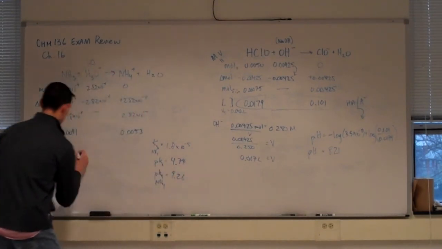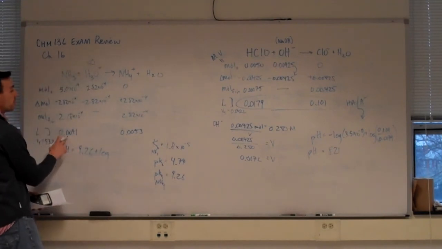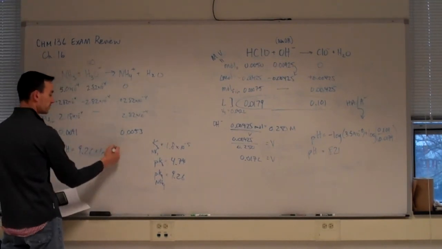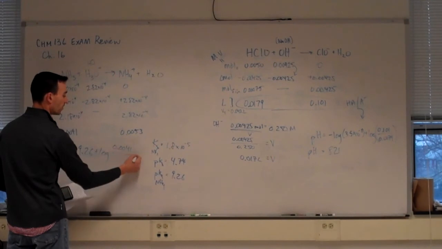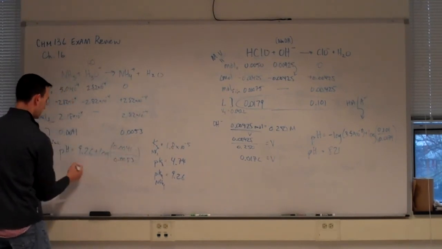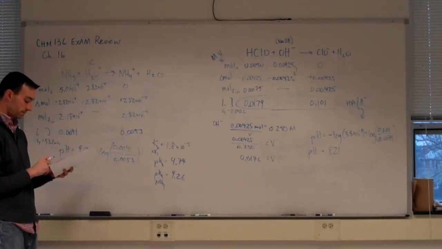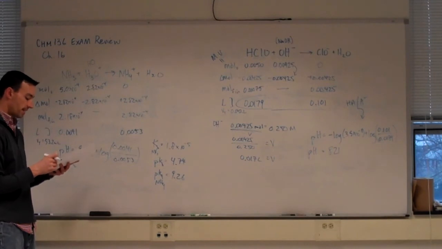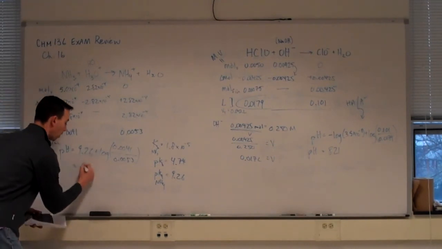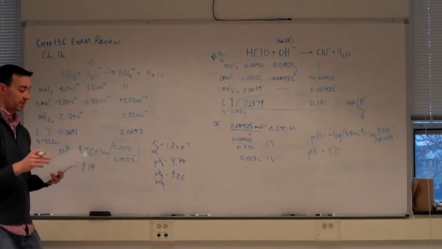So now I can take 9.26 plus the log of ammonia is our base, 0.0041, over ammonium, 0.0053, our acid. And we end up with 9.14 as our pH for this titration.